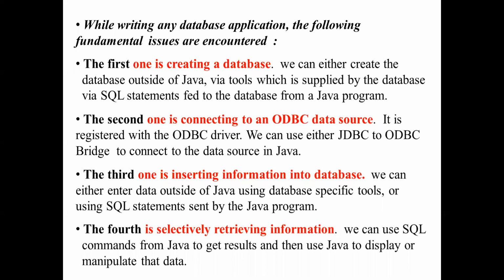Once the connection is made, it is registered with the ODBC driver, and we can also use the JDBC to ODBC bridge to connect the data source in Java. This plays a very important role, connecting the front end to the back end.